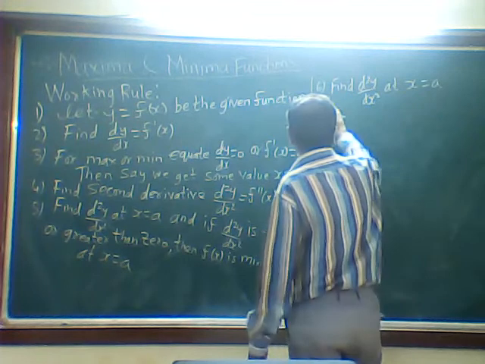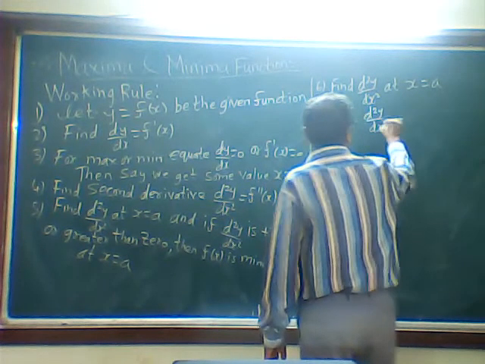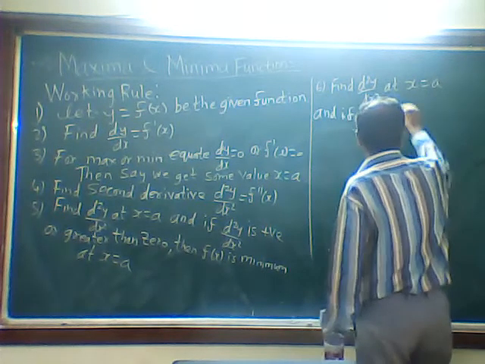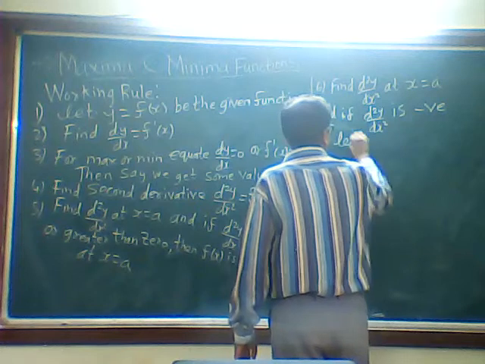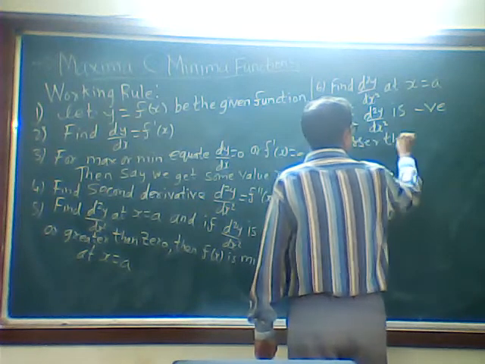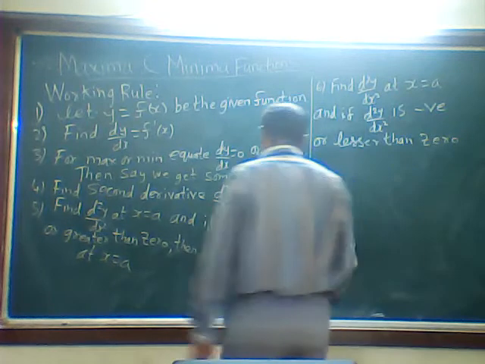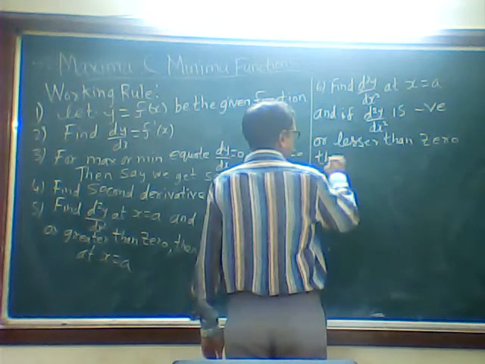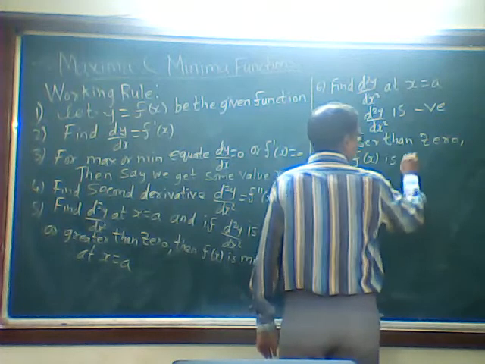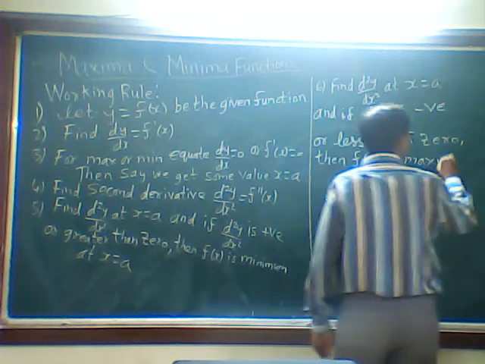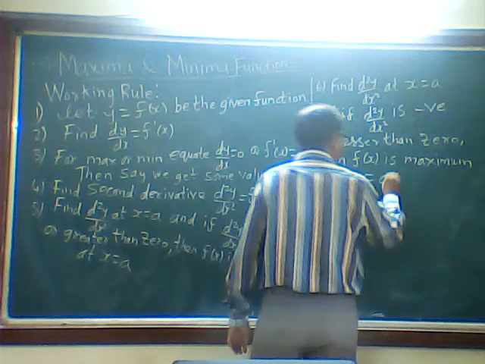And if d square y by dx square is negative, or lesser than 0, then f of x is maximum at x is equal to a.